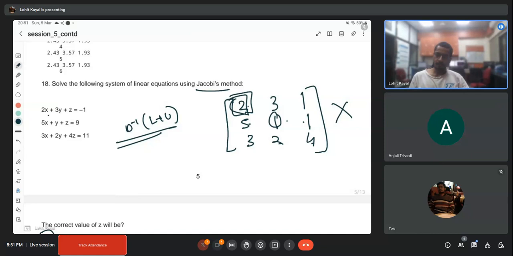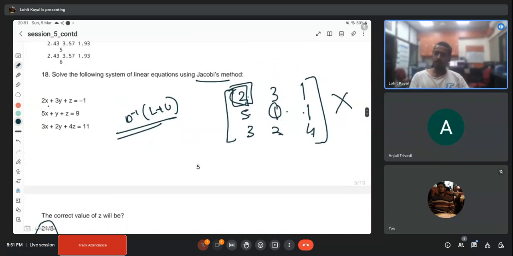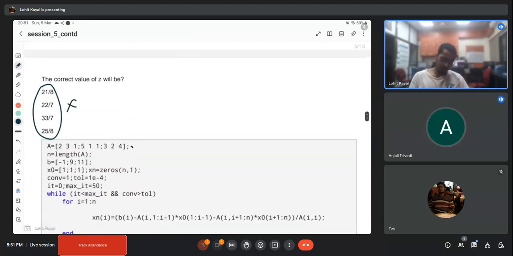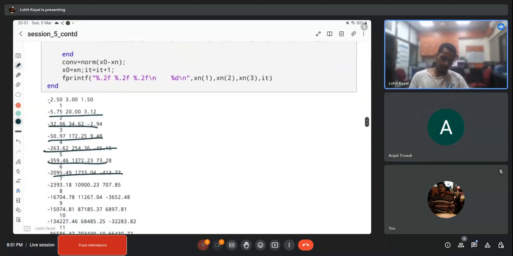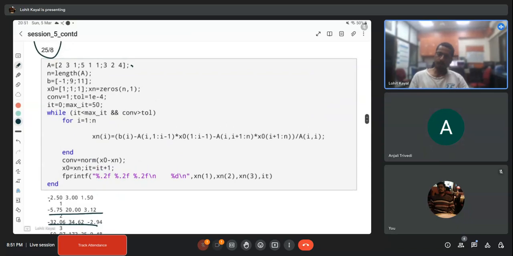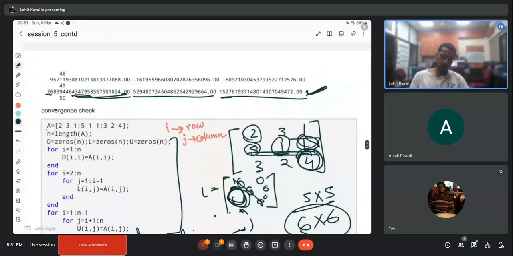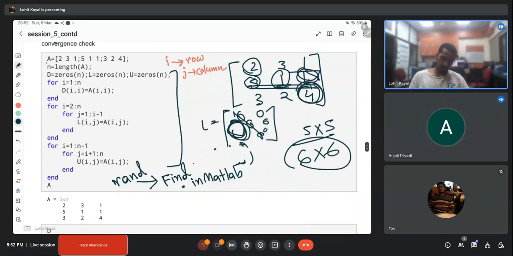But if it is not diagonally dominant, then you cannot be sure if it will work or not. You need to check the convergence criteria. I have used the Jacobi iteration technique to solve the problem, and we have seen that after the 50th iteration stage, the solution just blows up. It didn't converge.